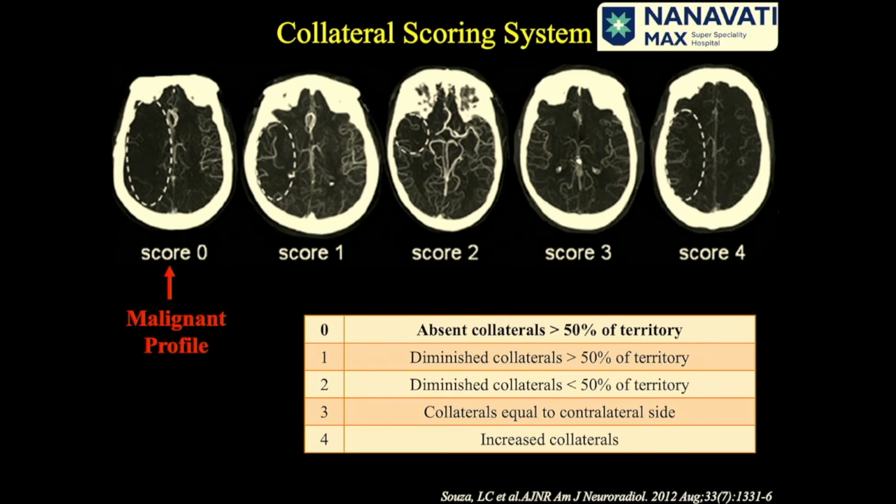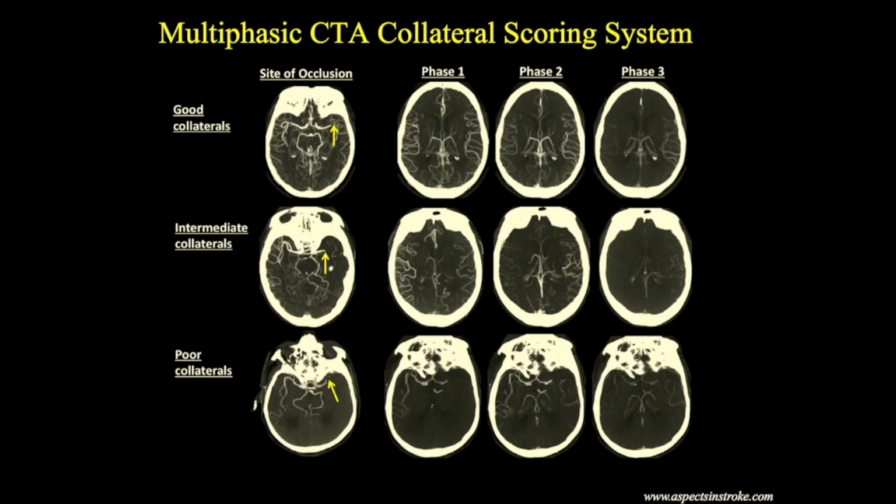And score 0 is considered as malignant profile, and these should not be treated with thrombolysis. With the multiphasic CTA collateral scoring system coming in and CT scans getting faster and better, this has become more accurate, and differentiating good collaterals from intermediate collaterals to poor collaterals has become even better.